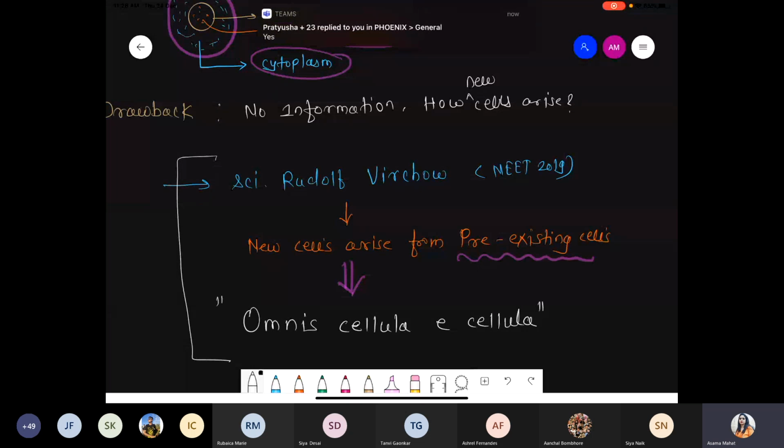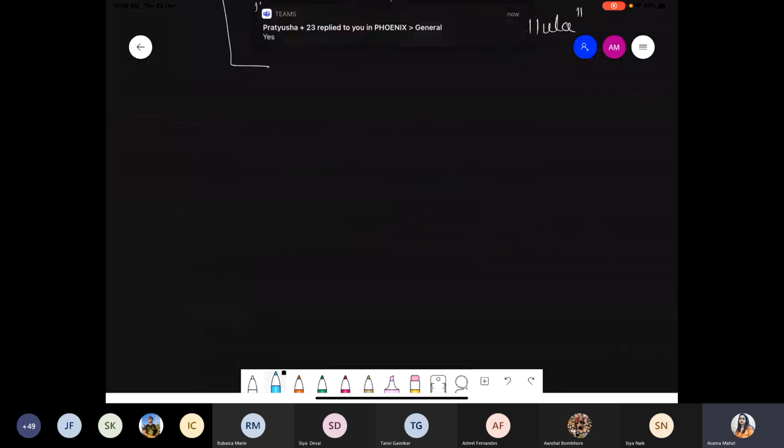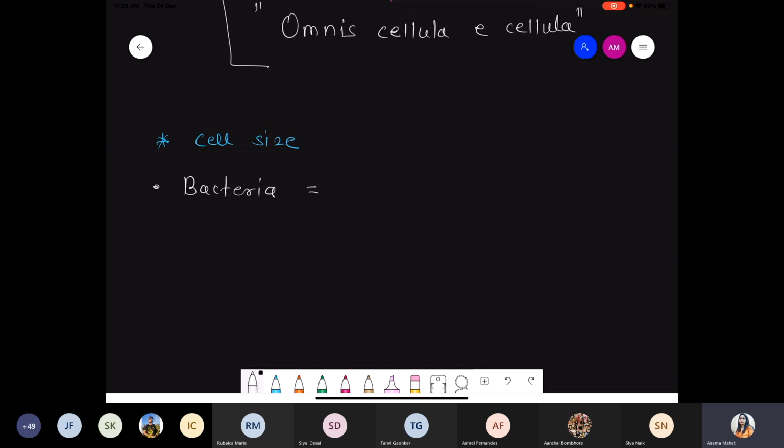Next point, we are talking about cell size. You know very well, bacteria belong to kingdom Monera. They are prokaryotic cells, and on the basis of size, bacteria are 3 to 5 micrometre in length.